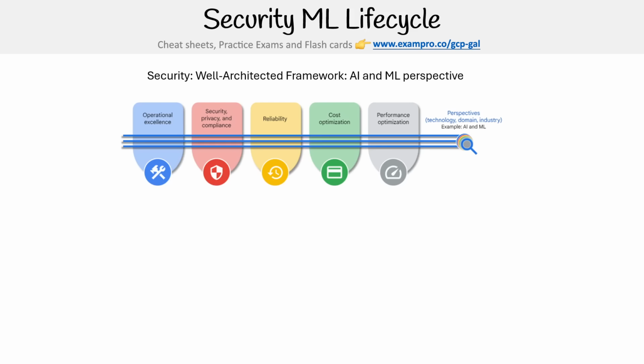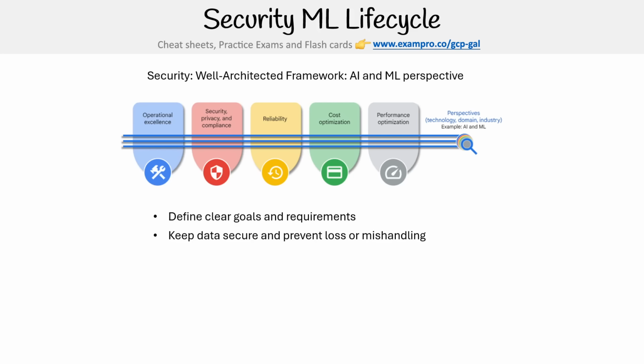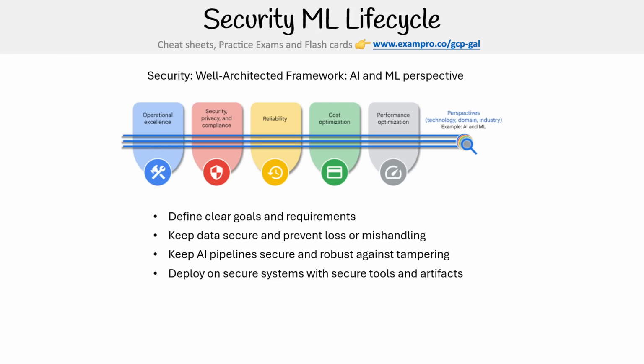I took the exam and I can't think of any questions that align to it, but they had some key points, like define clear goals and requirements, keep data secure and prevent loss or mishandling, keep AI pipelines secure and robust against tampering, deploy an online secure system with secure tools and artifacts, protect and monitor inputs, and monitor, evaluate, and prepare to respond to outputs. So you can look up this single page paper. But again, there's not a whole lot in it, so I'm not sure how we're supposed to translate that over into exam questions. I never saw any on them, but if you choose to read it, just in case, you can go ahead and do that, okay?